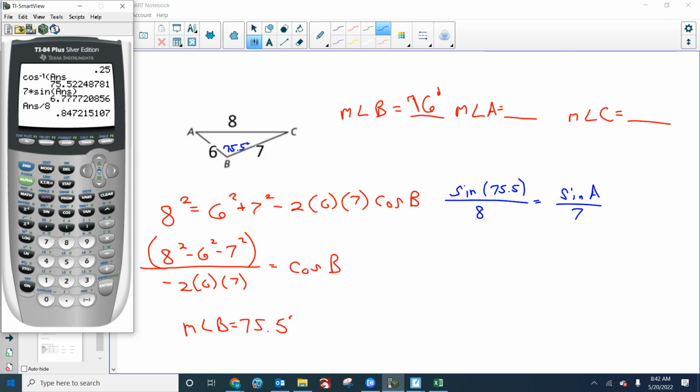And I'm getting 0.847. And what do I have to do with that to get angle A? Sine inverse. Good. Sine inverse of the answer. I did that whole problem without ever writing that 75.5 as a decimal, right? It was just stored in the calculator the whole time. So 57.91.